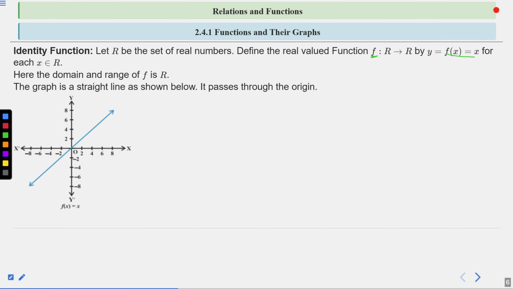So if you recall, your function is nothing but a collection of ordered pairs. Yes or no? Function is nothing but a collection of ordered pairs because it is a relation, a special type of relation. Yes. So what in this function are we doing? Collecting all ordered pairs which are related in this manner.